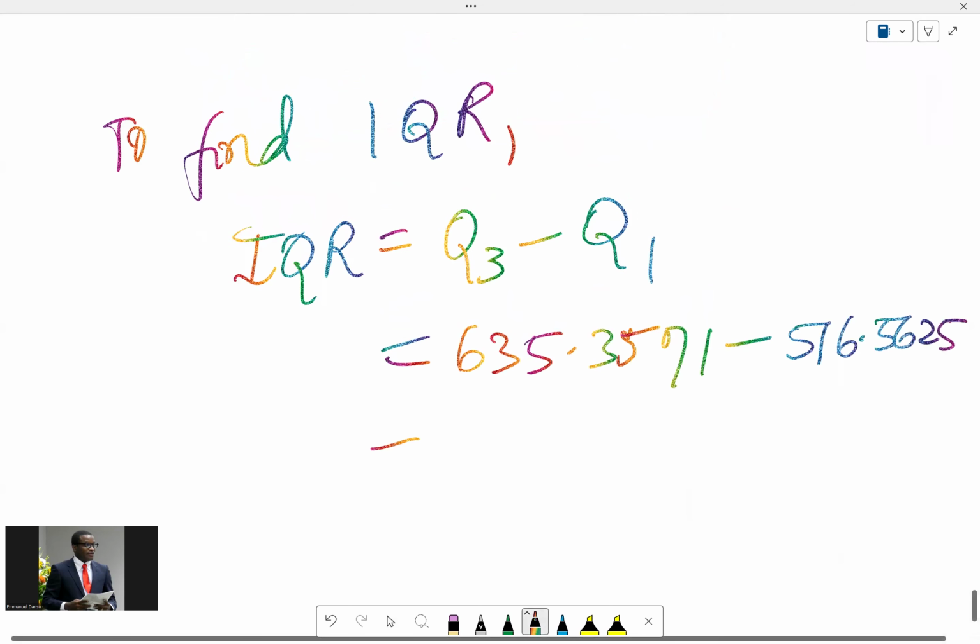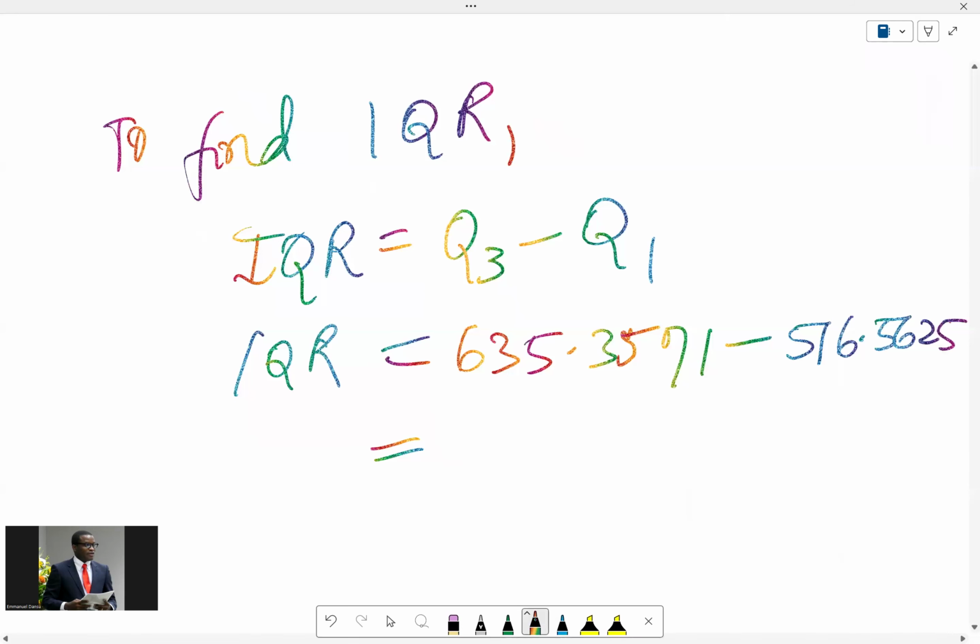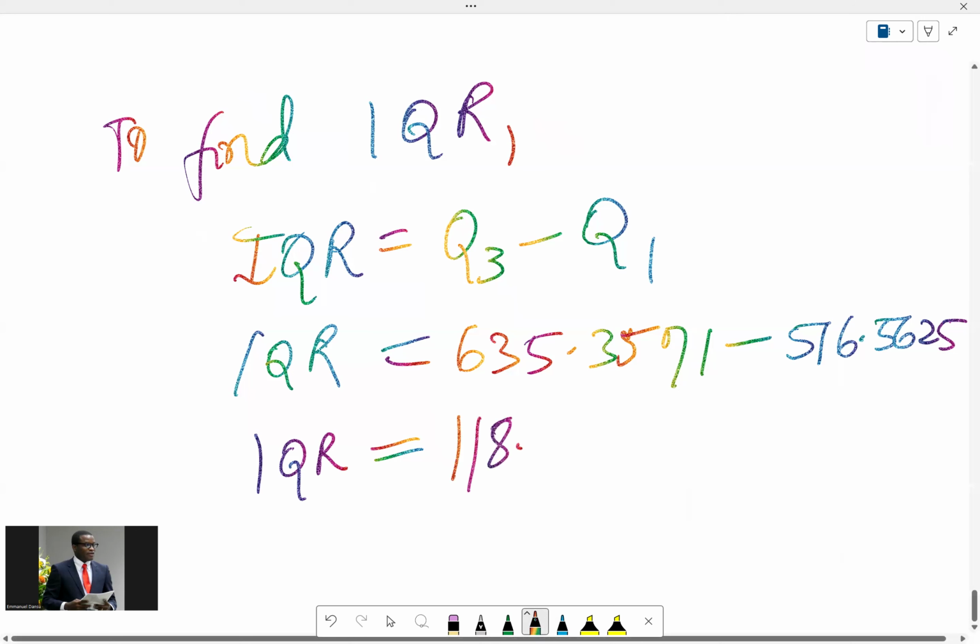So IQR is 635.3571 minus 516.5625. So that is 118.7946. Okay, that's the IQR.